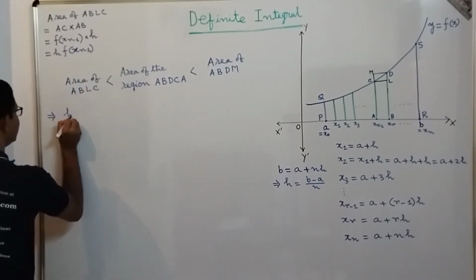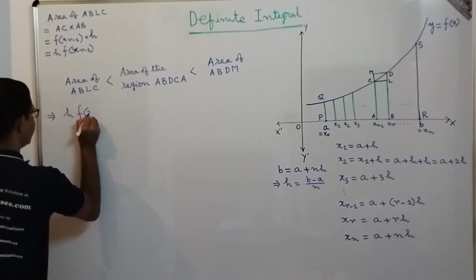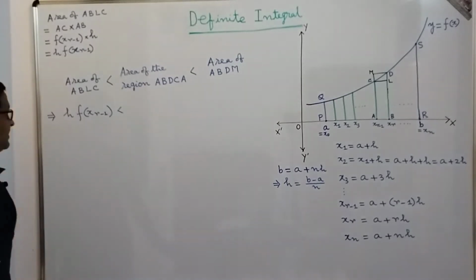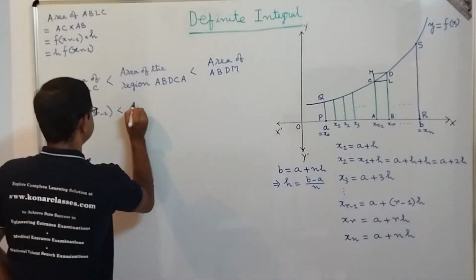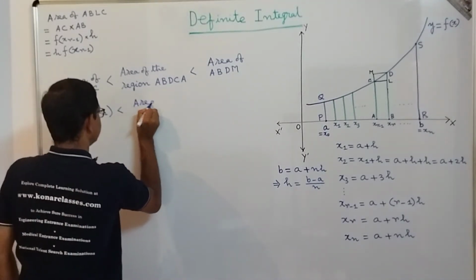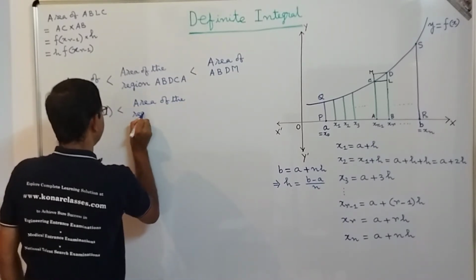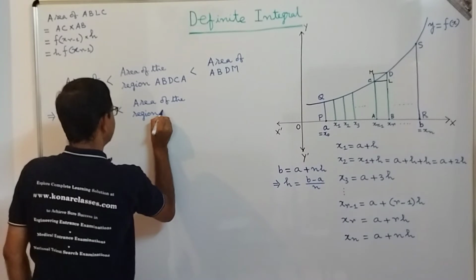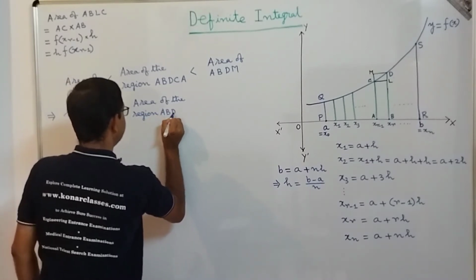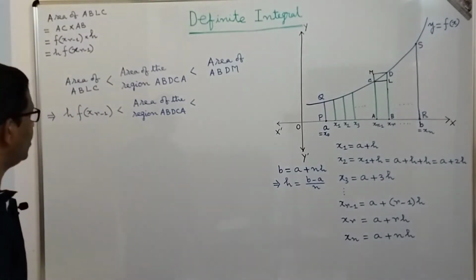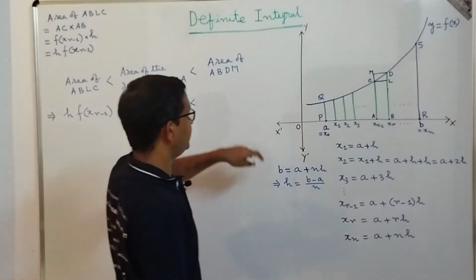So that we can write h into f(x_{r-1}) less than the area of the region ABDCA, is less than.